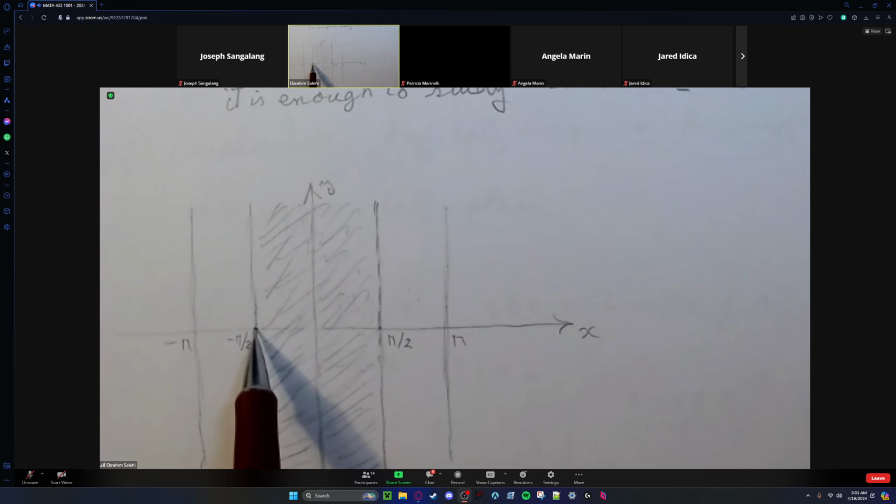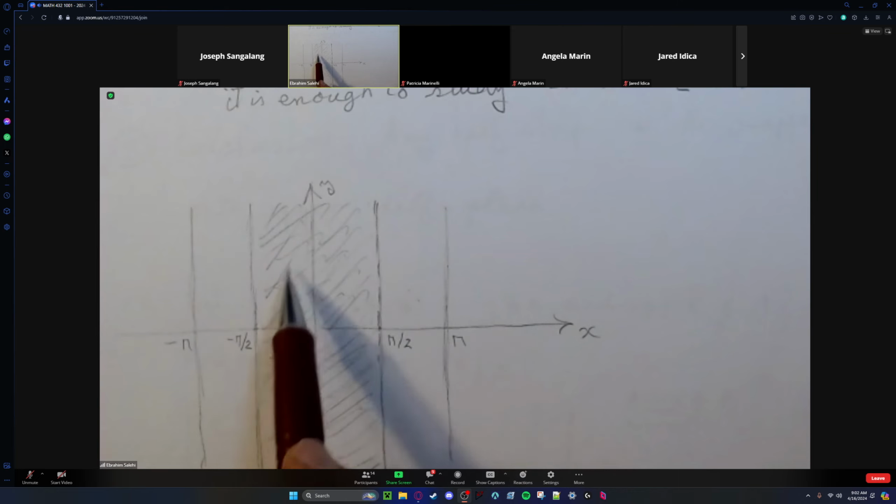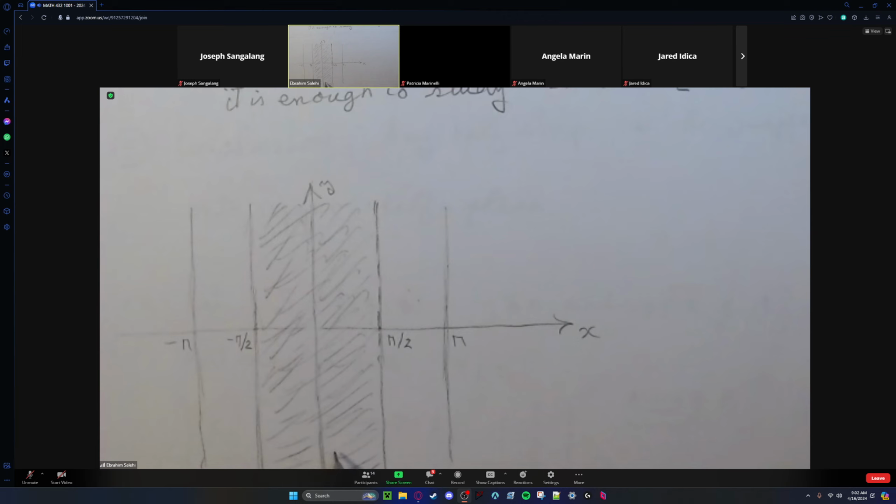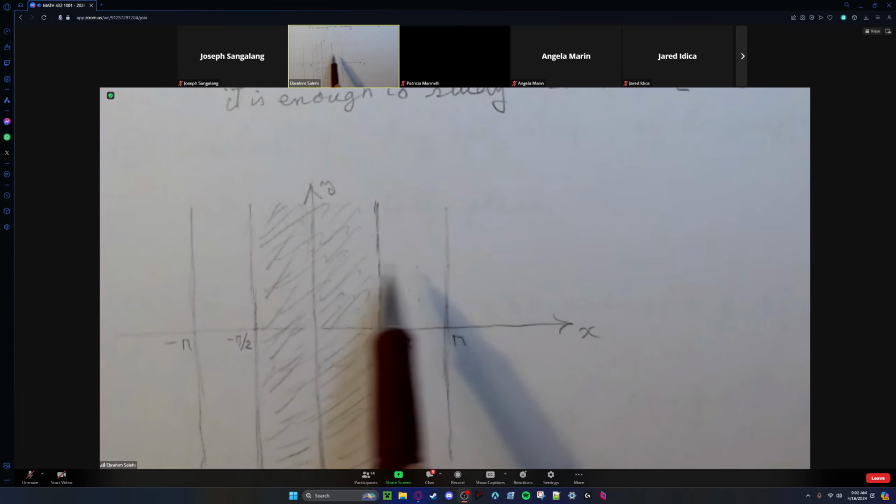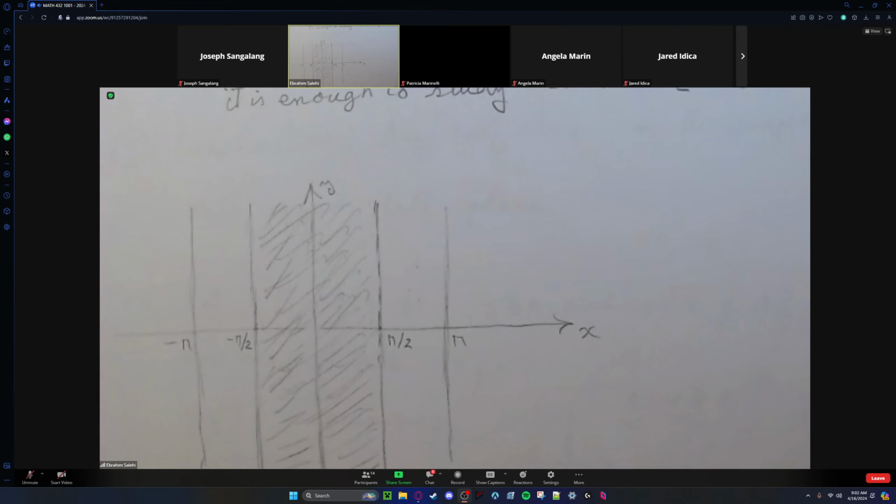Because if we know the behavior of sine z in this strip, definitely we know what happens here and what happens in this strip, okay? So this couple of observations, but beautiful observations, all right?